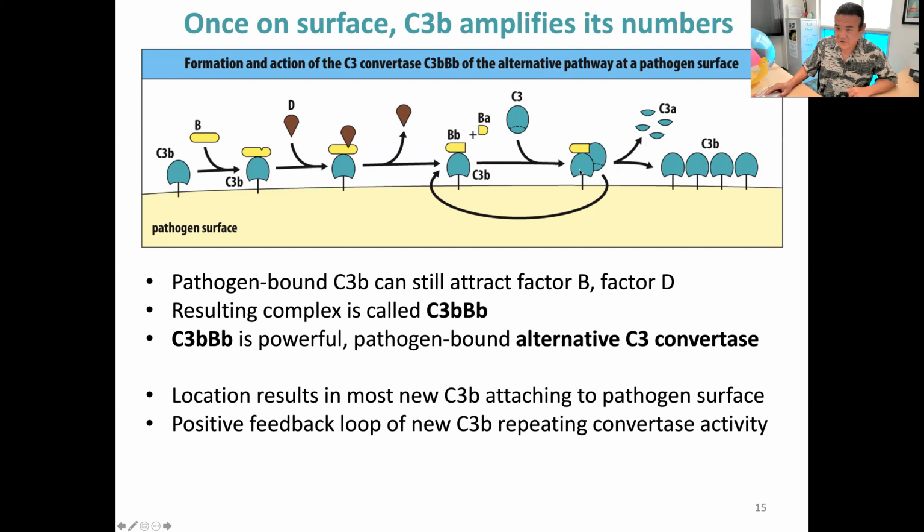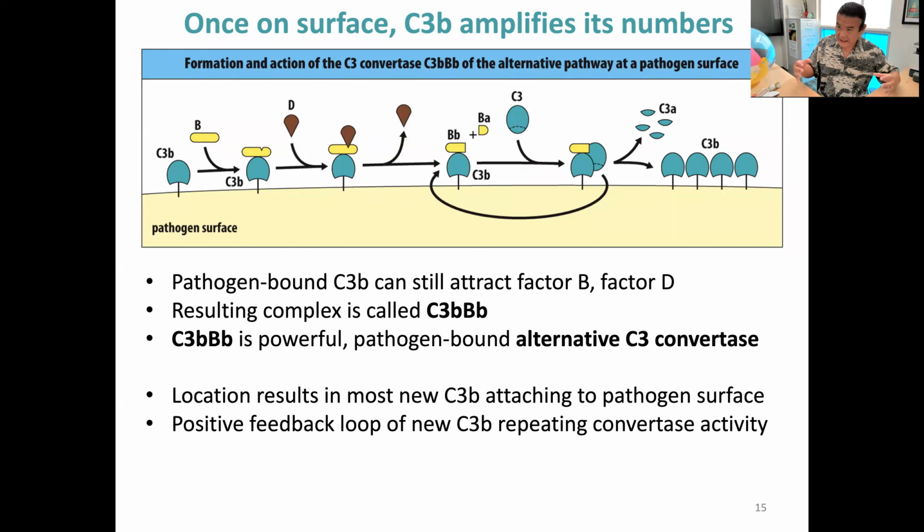And once this convertase complex has cleaved the C3 and released the C3b and the C3a, it can just keep going. So that's why you have this arrow that feeds back and says, well, then it's free to do it again and again and again. And importantly, each one of these C3bs that get planted on the surface are also then enabled to do their own formation of a convertase complex.